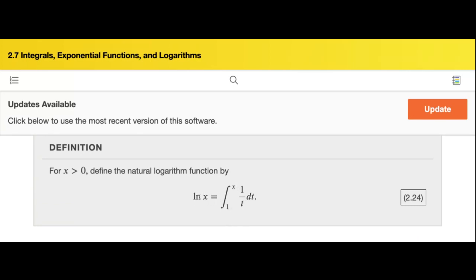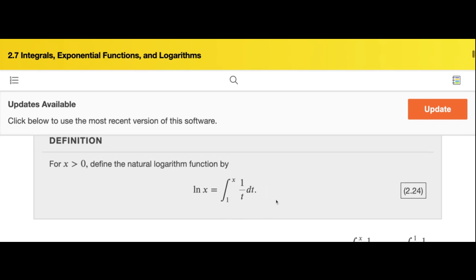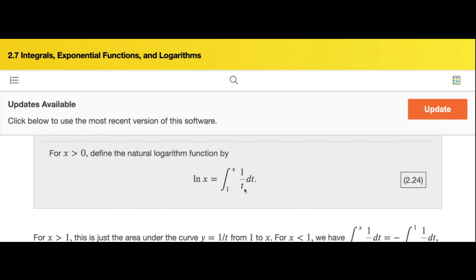The domain of natural log is the variable has to be greater than 0, right? So this is the definition of natural log in terms of integration by using fundamental theorem of calculus part 1.